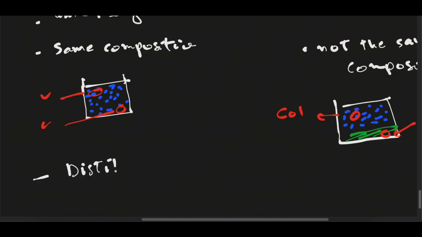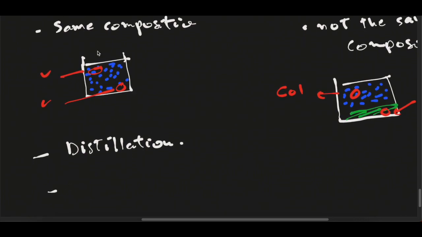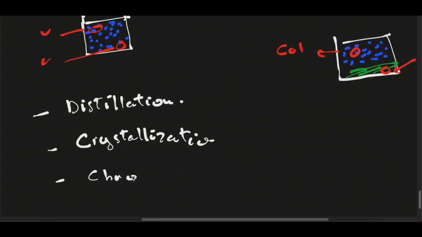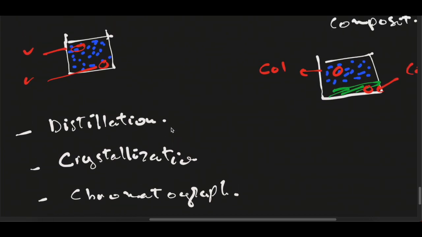It is a physical means to separate the pure substances. Distillation is based on the difference in the boiling points of substances. Or we can use crystallization. Also, we can use chromatography, and so forth. We have a lot of means of separation.